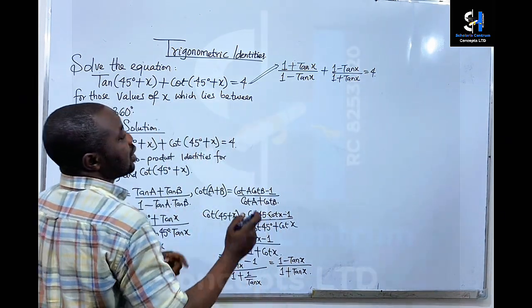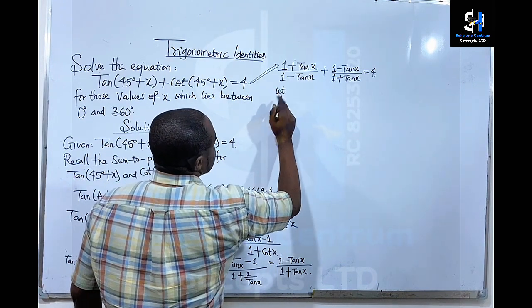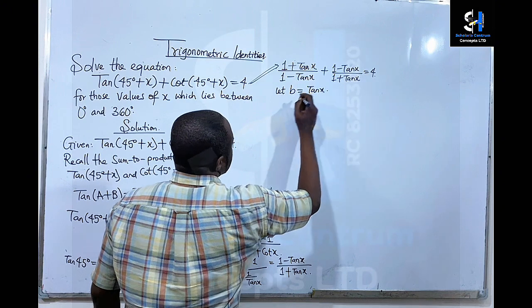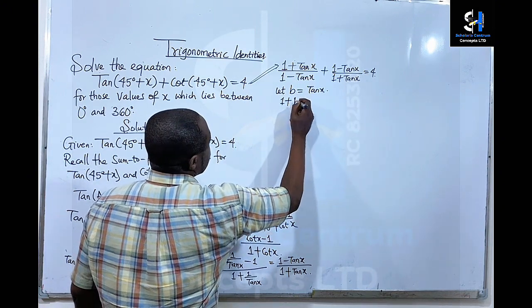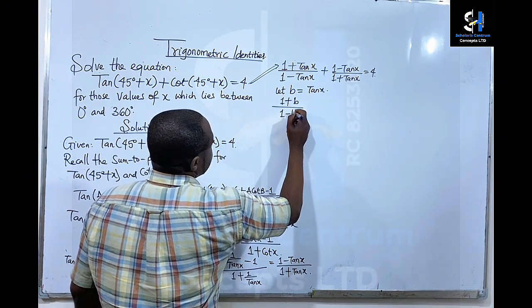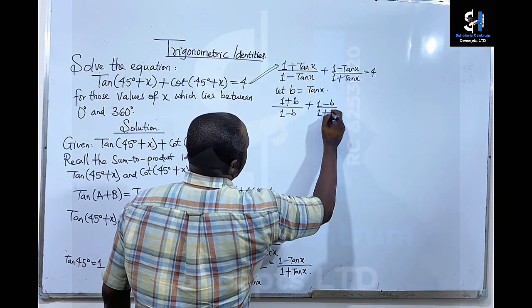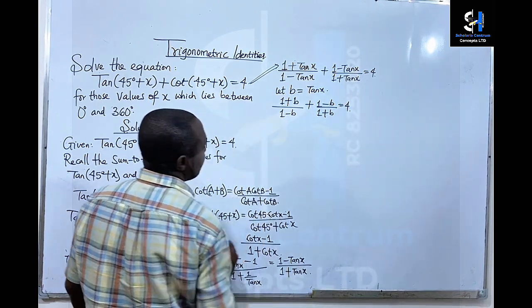Now we can let b equal tan x, so that this will be 1 plus b over 1 minus b plus 1 minus b over 1 plus b equals 4.